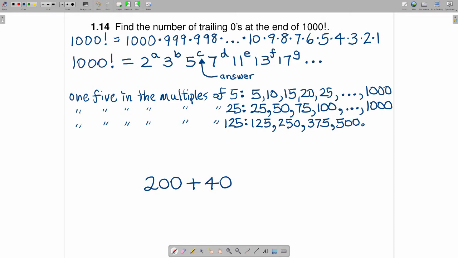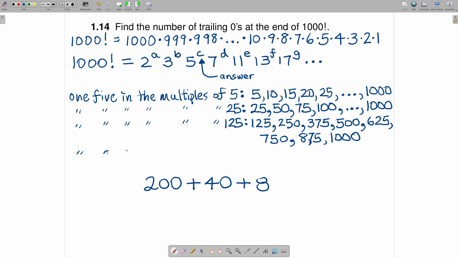I guess we can go all the way to 1,000 here. This is 625, 750, 875, and 1,000. And you can see that in this case we have 1, 2, 3, 4, 5, 6, 7, 8 additional 5s that show up in that list. Another way to calculate that 8, of course, is we could have taken 1,000 and divided by 125, and that would have given us our 8.